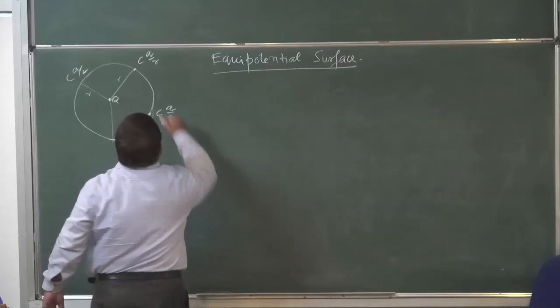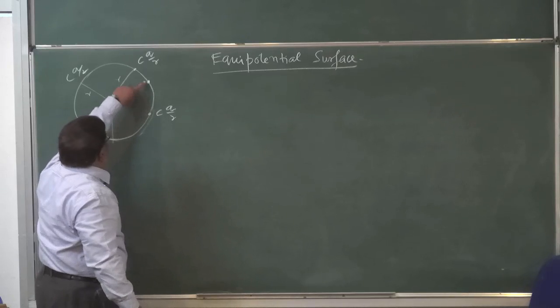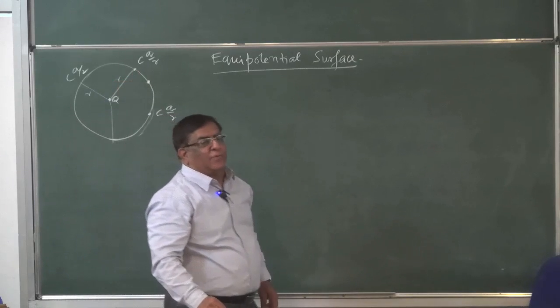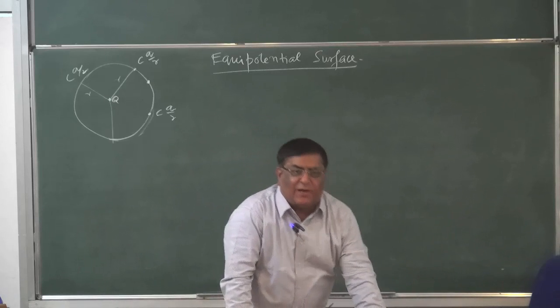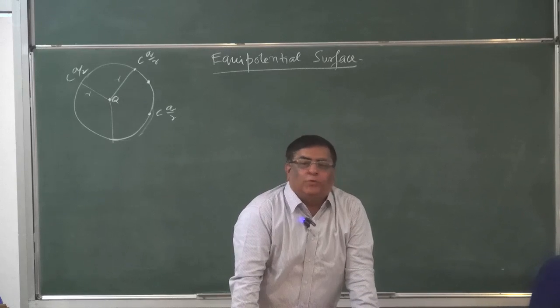Now, if I put a test charge here, will it go towards this point or towards that point? Answer: the charge has to move from higher potential to lower potential, and on this surface the potential is the same, so it will not move at all.